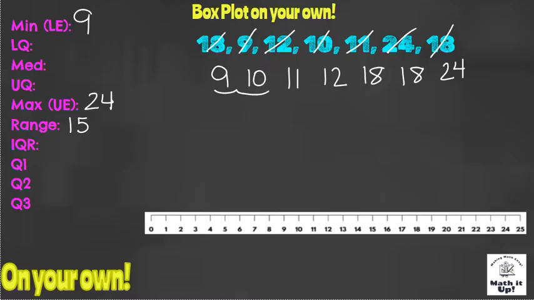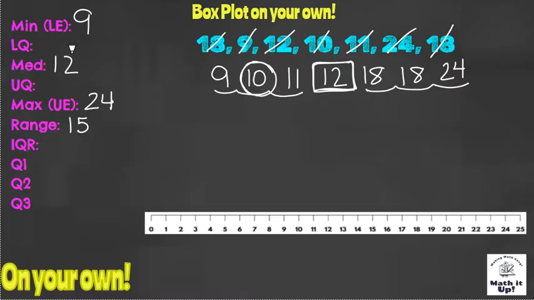So getting in here, 1, 2, 3, 1, 2, 3, and I'm going to box out that number because that is our median, and we are not going to use it as we look for the median of the two halves. I'm boxing it out because it never gets used, whether it's on the line or not on the line. All right, so this is easy from here because we only have 3 pieces of data.